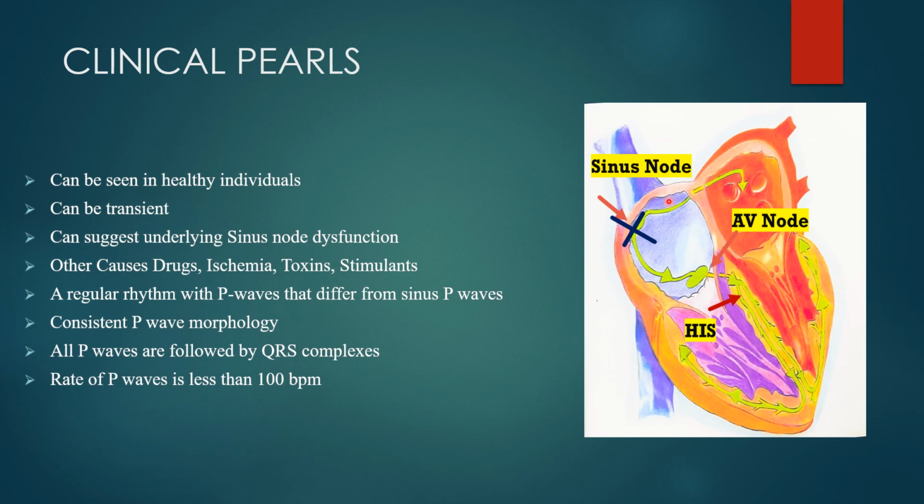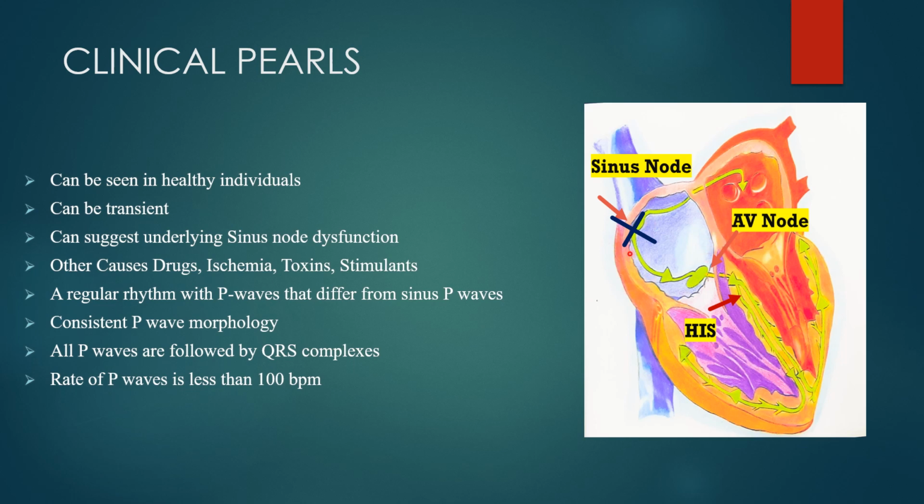So we also need to identify the rate of these ectopic pacemakers. There is a possibility that this rhythm is firing because this area has a higher rate than the sinus node, and that's why the sinus node was temporarily suppressed by its activity.